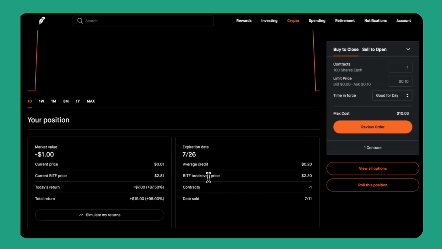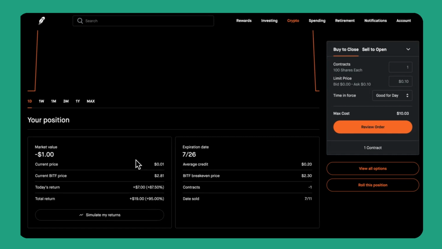Because that's the break-even price. And as you can see right now, Bitfarms is currently trading at $2.81. So that would be a discount from what it's trading at right now, almost a 50-cent discount, right? Or $50 of a discount from where it's currently trading at right now.